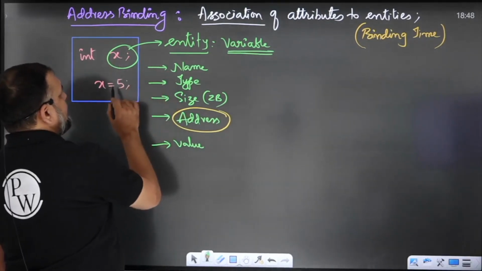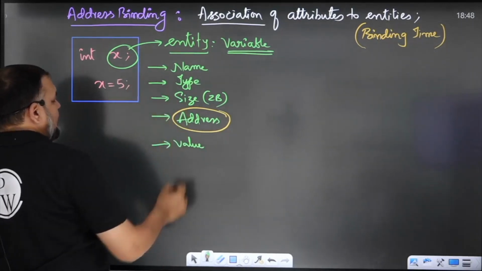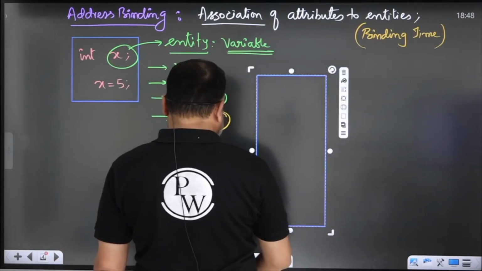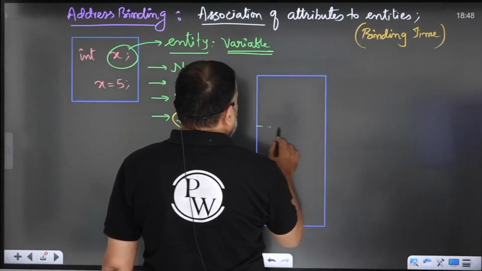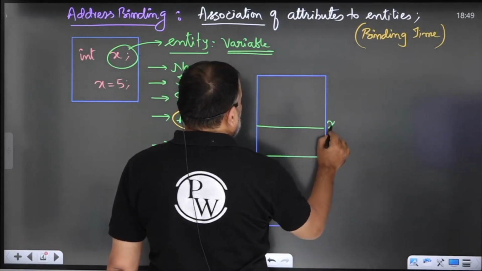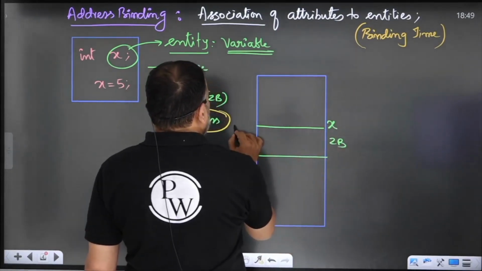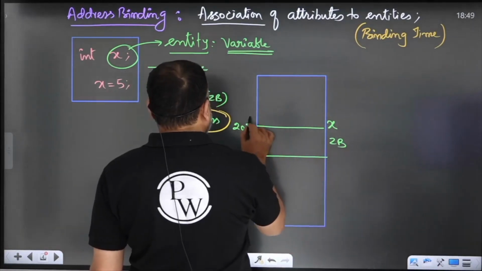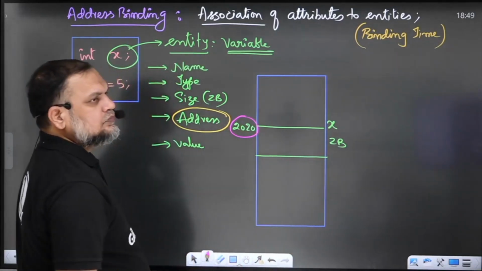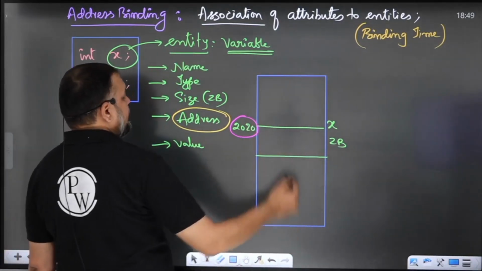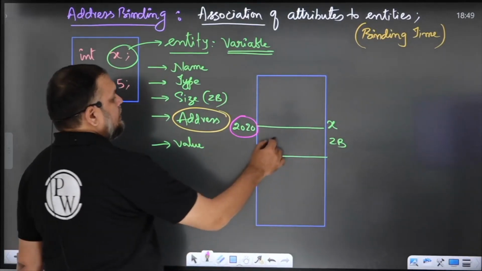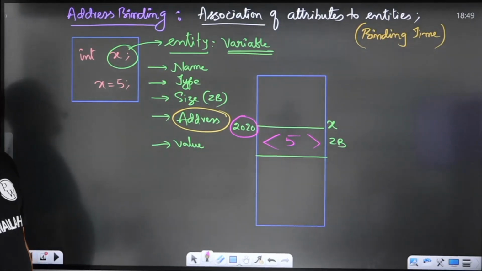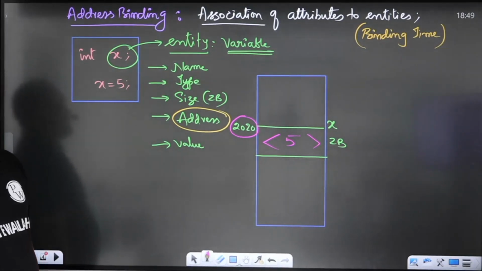Name X, type integer, size 2 bytes, address. If I go for some implementation, in the memory, X is stored here. This is a variable X occupying 2 bytes, starting at location 2020 something. This is address binding. The variable X is associated with this address, and I store the value here, 5.